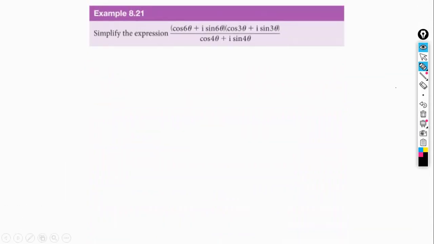So next we have example 8.21, and they ask us to simplify this expression. Notice that it says cosine of 6 theta plus i times sine of 6 theta. Using De Moivre's theorem, this part can be rewritten as cosine of theta plus i sine of theta to the power of 6.